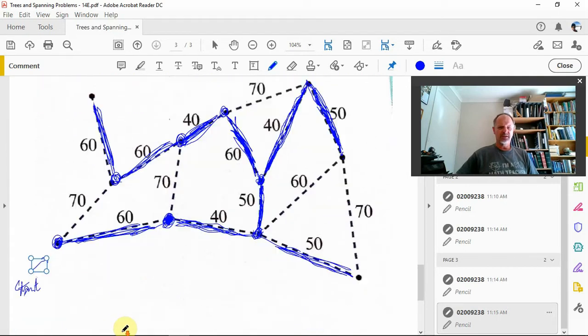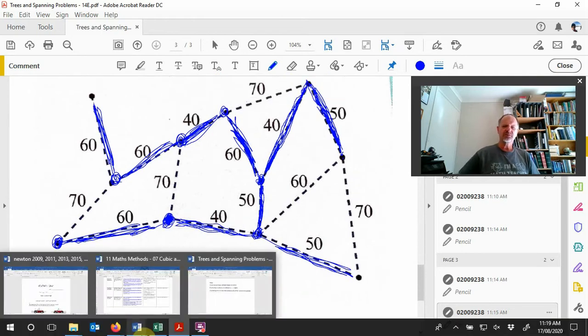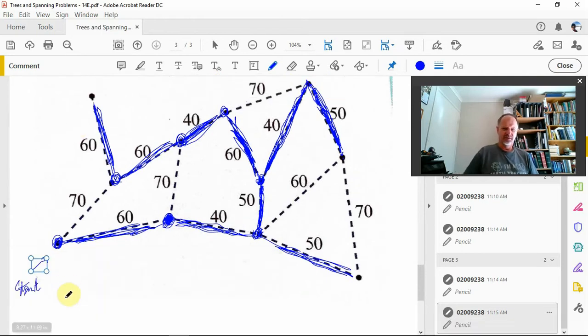All right, what's the length of pipe? We just need to add those numbers up. So if I start at the bottom here, 60 plus 40 plus 50 plus this 50 here, go around this way, plus 40 plus 50, come there.